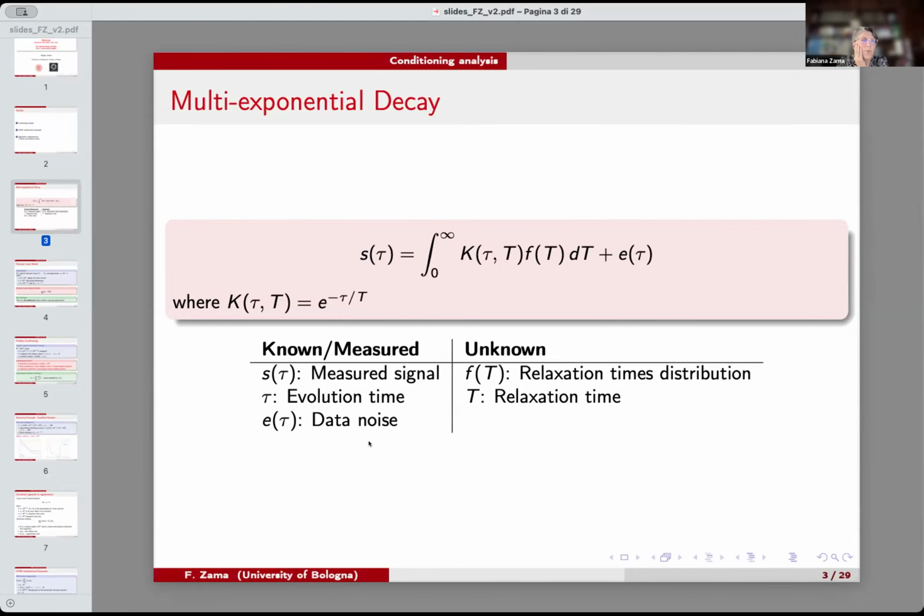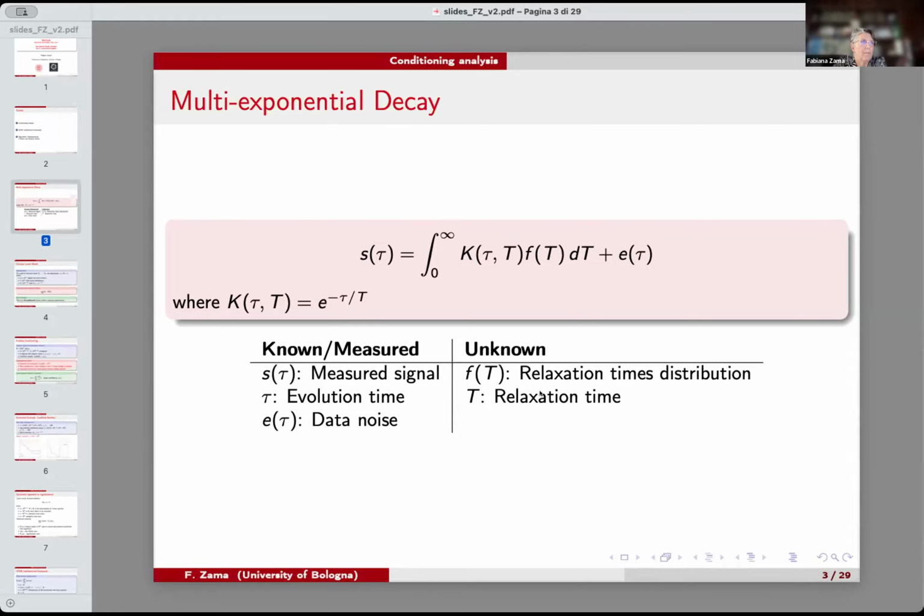Otherwise, for example, if we have a Poisson distribution or other possible distributions, we still can model these types of problems, but we use different distances. And again, we were able to see that this principle worked very well also in those situations. But anyway, the unknowns, of course, are this function f of t and the relaxation times.